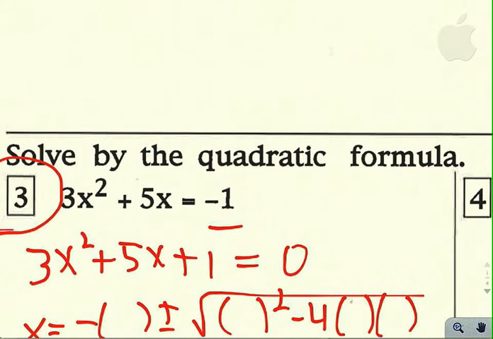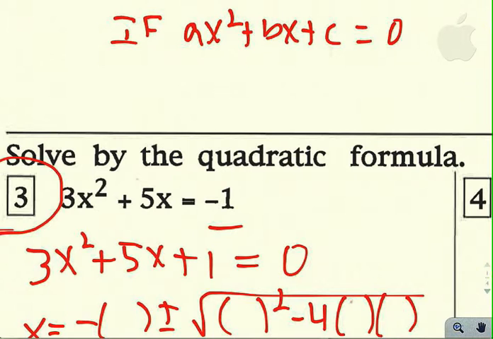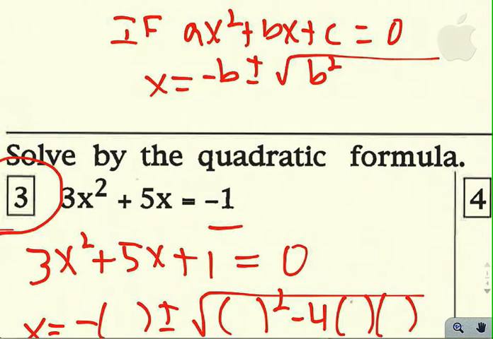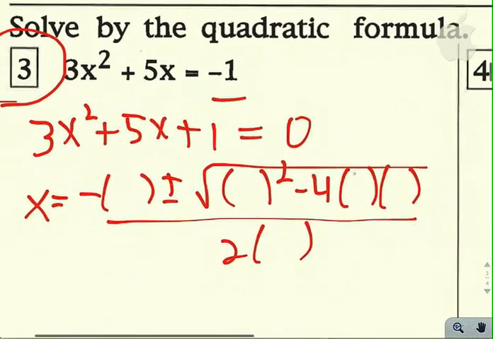If ax squared plus bx plus c equals 0, x equals minus b plus or minus the square root of b squared minus 4ac all over 2a. That's the formula you need to know by heart.